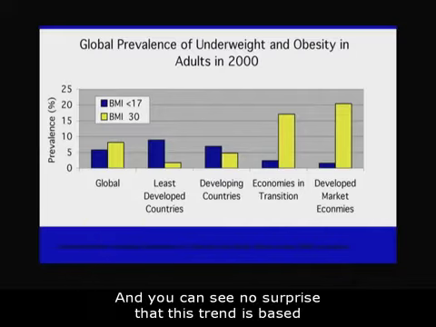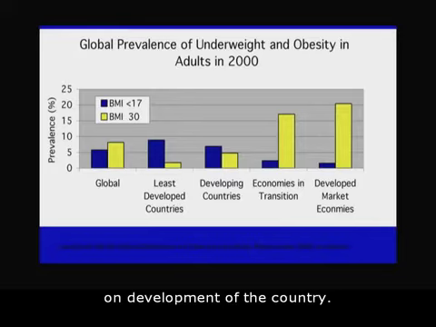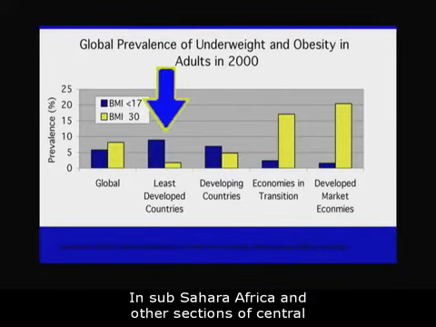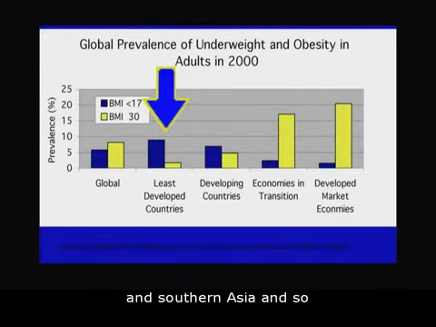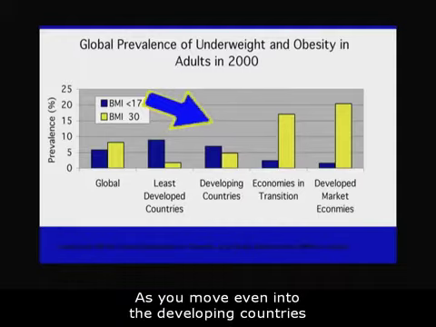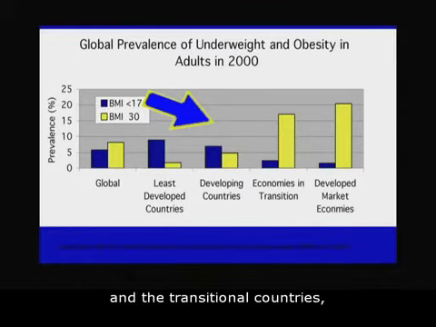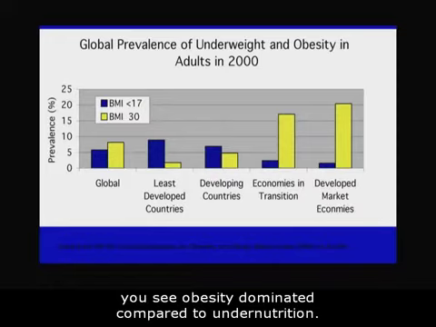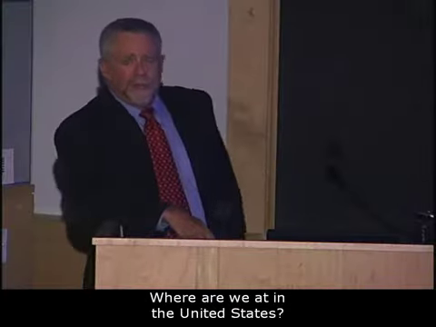And you can see, no surprise, that this trends based on development of the country. So in sub-Saharan Africa and other sections of Central and Southern Asia and so on, there are still substantial populations of malnutrition. But as you move even into the developing countries and the transitional countries, you see obesity dominating compared to undernutrition.